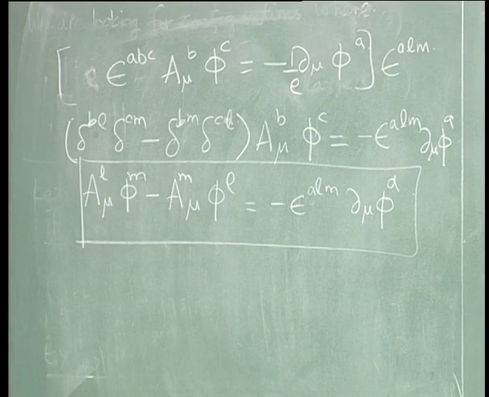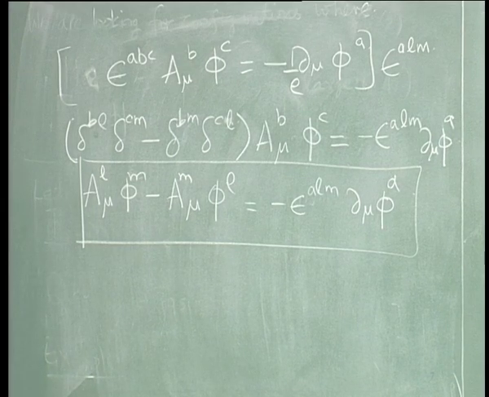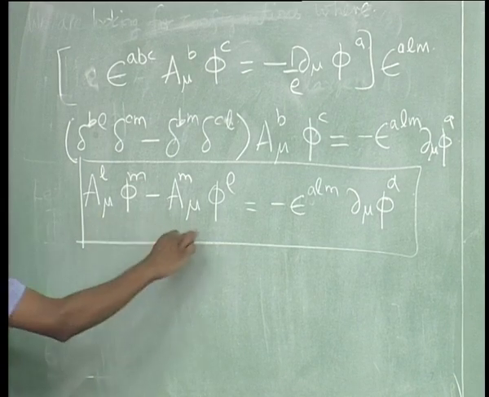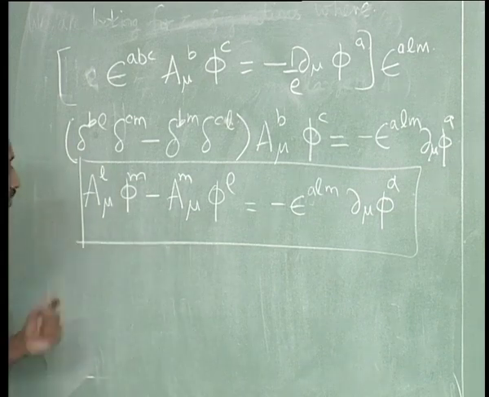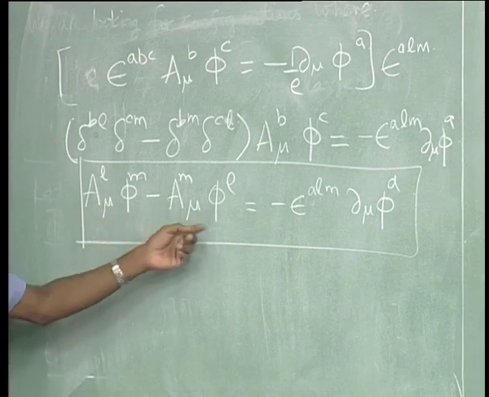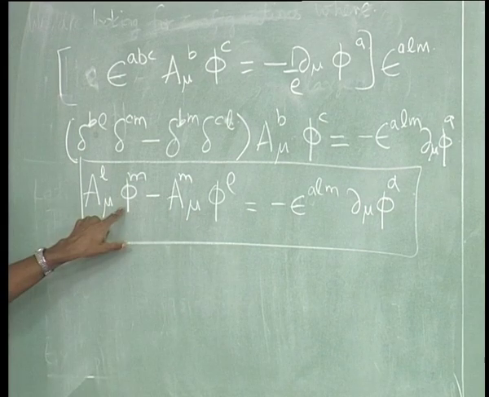Good. Okay, so the first thing you can see here, if you think in terms of matrices, is that this is just the commutator of A with phi.